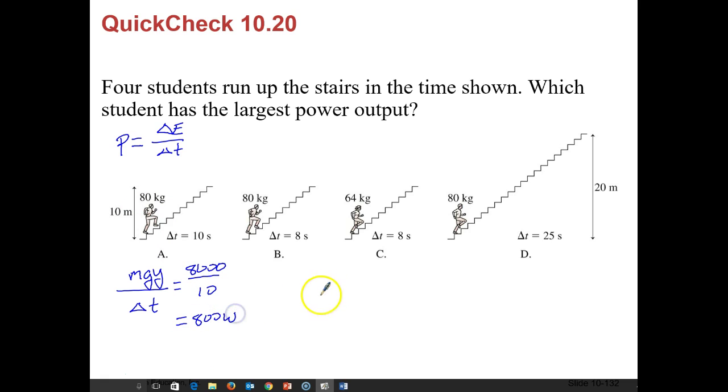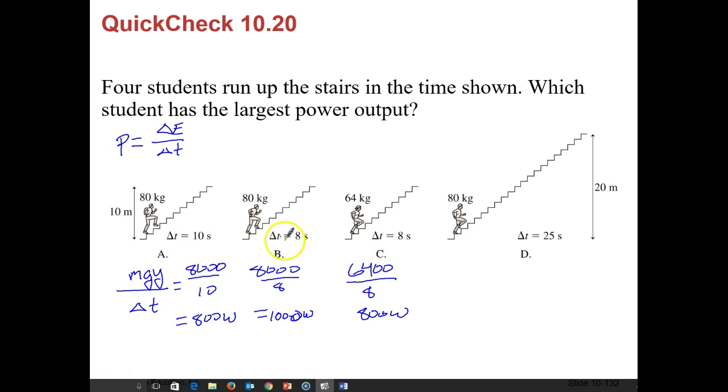Remember, our unit here is a watt. For the next one, we have 80 times 10 times 10 gives us 8,000 again, divided by 8 would give us 1,000 watts for the second person. For the third person, we'd have 6,400 divided by 8, because it's 64 times 10 again, and that would give us 800 watts again.